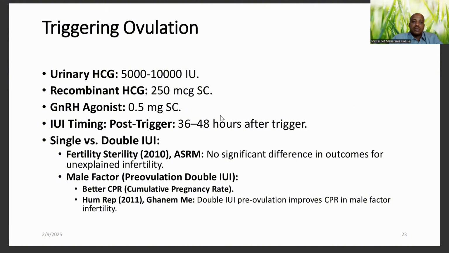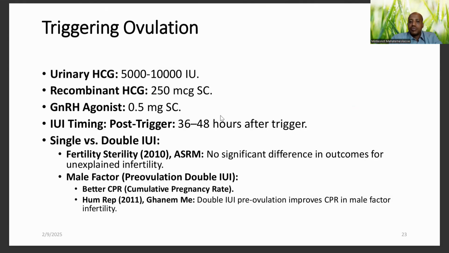The other is whether to do single or double IUI. The American Society of Reproductive Medicine recommends a single insemination is enough, not double. In a few selected patients, for example, in a male patient with oligospermia, you may do double IUI.